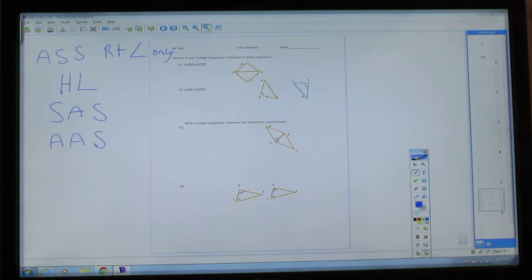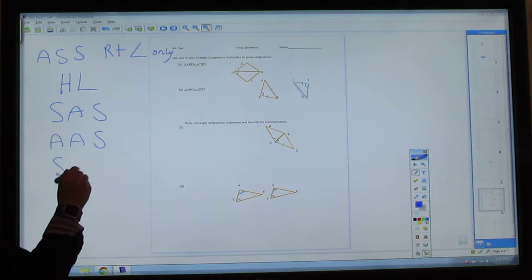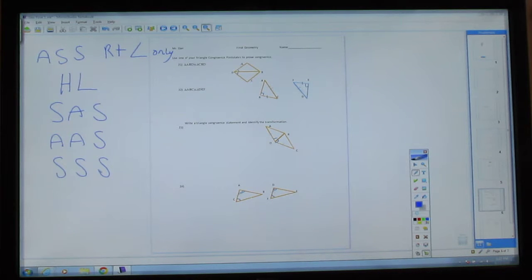Alright, so we got side, angle, side. Oh, we got a beautiful one. Side, side, side. Right? And there's one more.